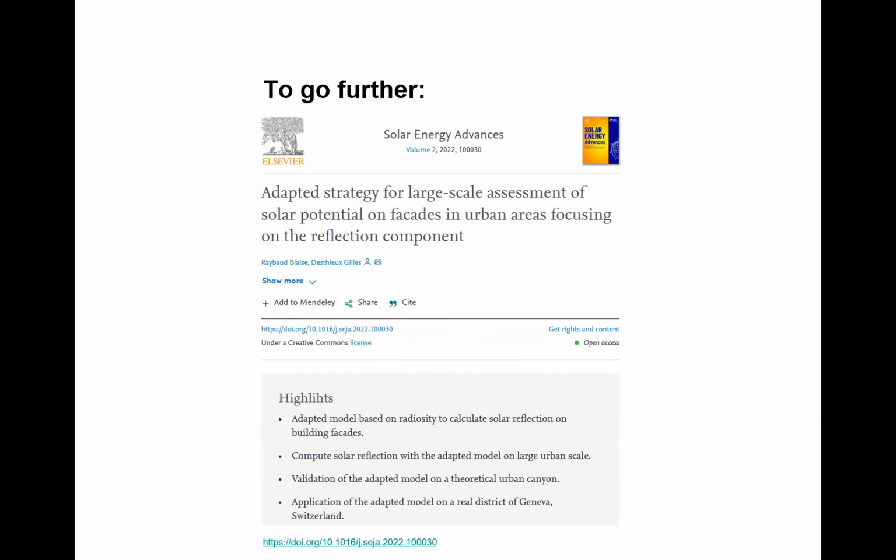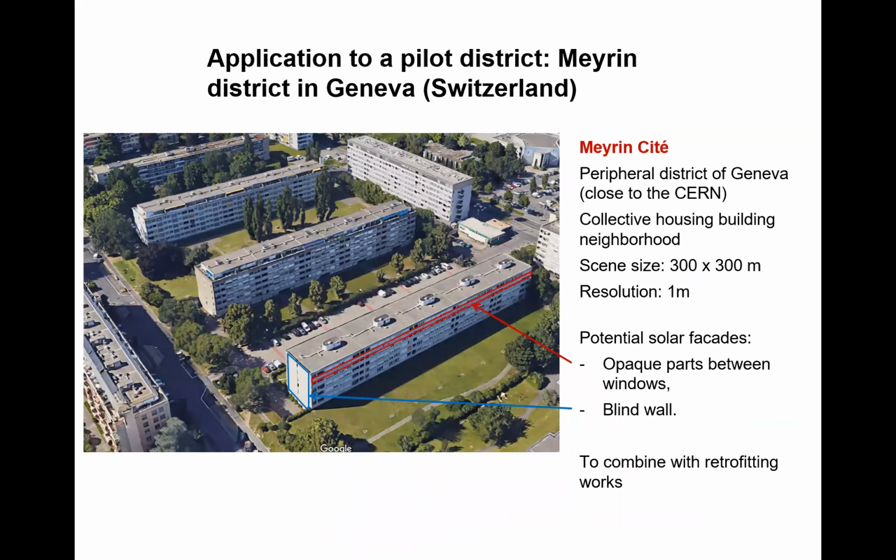If you want to know more about this, here's a recent paper that we published that explains all of that. Let me now present an application of these modeling tools. It is a residential neighborhood area in Geneva, close to the famous research center CERN.